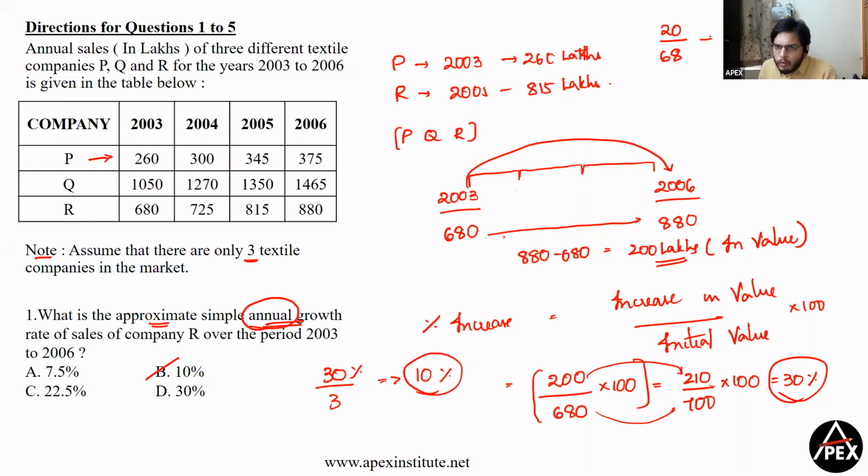I have increased the numerator by 1 and the denominator by 2. So this is 0.3, isn't it? Are we asked to determine the exact value? No. So instead of dividing 200 by 680, I will divide 210 by 700. Did you get it now? Yes or no?